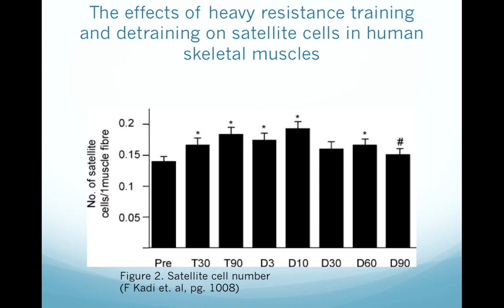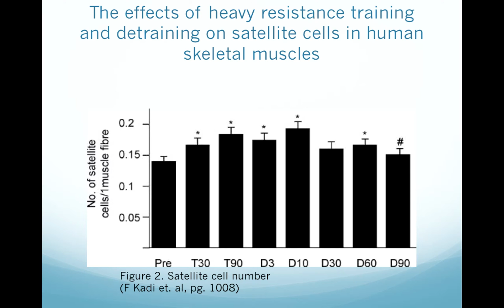And the little asterisks above the T30, T90, D3, D10, and D60 show that they're significantly different from the pre-training number, and the number sign over the D90 denotes that it's significantly different from the T90 bar.